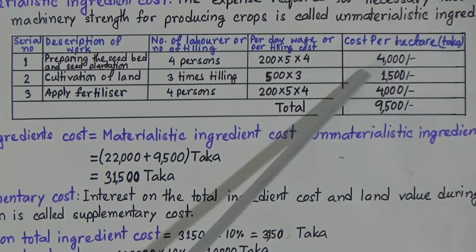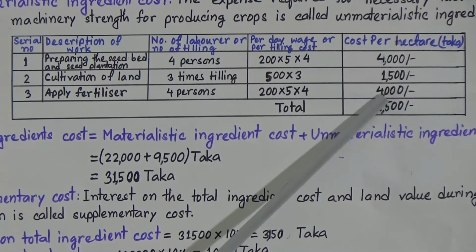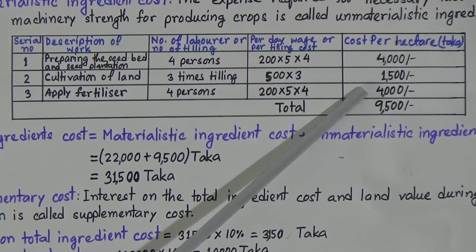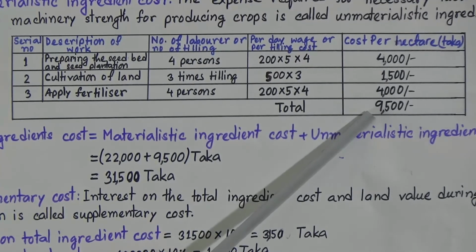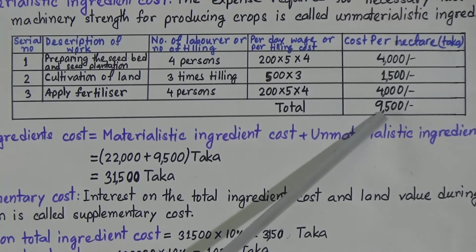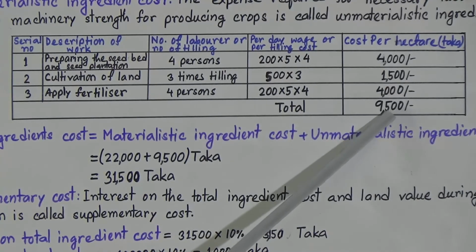So 4000, 1500 and 4000 again. We will add these 3 numbers and we will find 9500 taka. This is our total unmaterialistic ingredients cost.